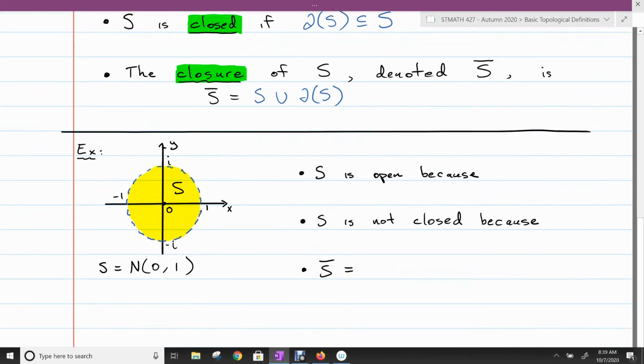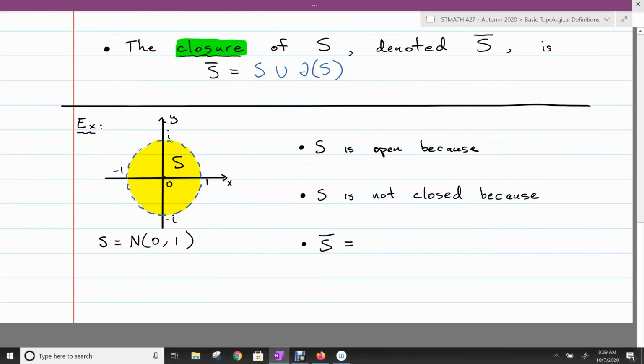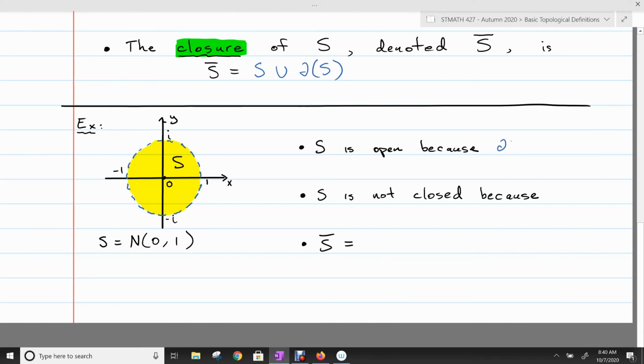Okay, so let's go back to looking at this example where S is the unit disk, or the neighborhood N(0, 1) of 0 of radius 1. So we've got this unit disk here with the dashed line on the boundary indicating that the boundary of it is not included. So we can tell this set is open because the boundary of S here is equal to the set of z's where modulus of z equals 1.